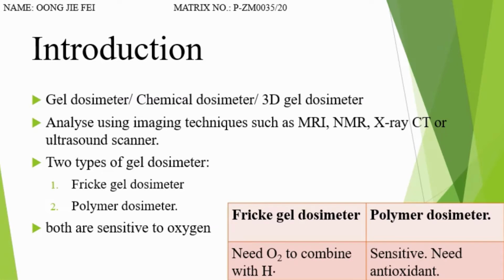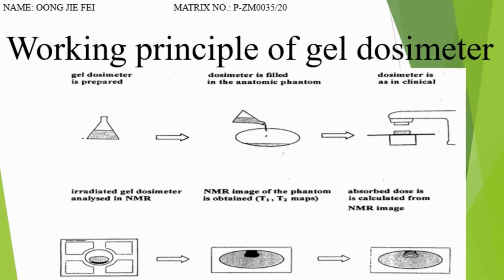So, if there is a presence of oxygen, the oxygen will combine with the hydrogen radicals for Fricke gel, and there's a need of antioxidant if there's oxygen inside the polymer dosimeter. This is the working principle of the gel dosimeter for both types of dosimeter.